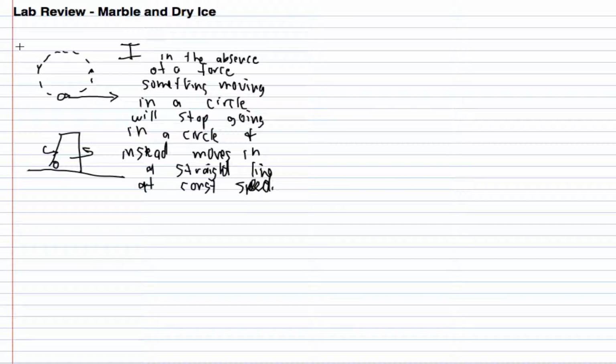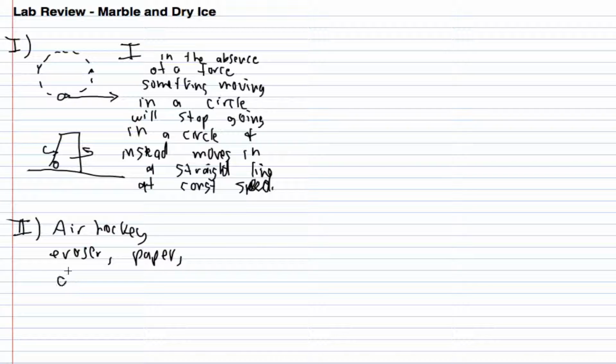That was the first part of our little lab. The second part of our lab, we actually played air hockey with an eraser, paper, and the fun one was dry ice. I'll put a little smiley face by dry ice because it was fun, and of course the reason it was fun is dry ice doesn't slow down.